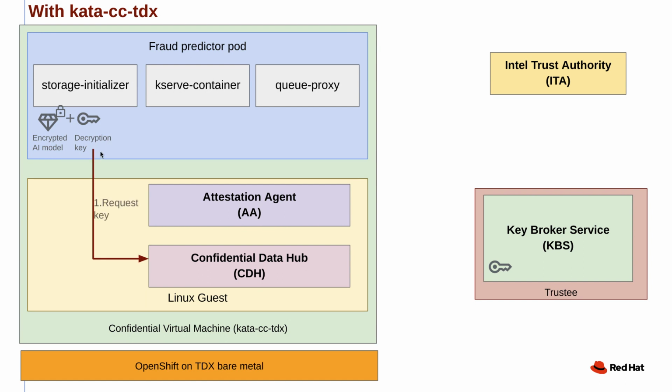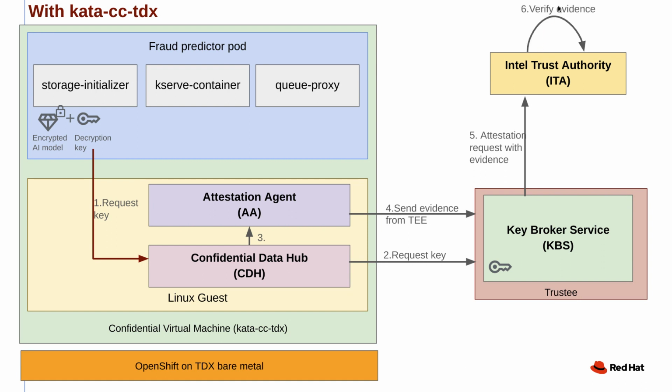It sends the request. This key is in the KBS secret, so the container sends the request through the CDH REST API, and the CDH sends this request to the KBS. However, the KBS will release this key only after it gets the attestation token. So the next step is that the attestation agent sends the evidence from the TEE to the KBS, and then the KBS sends the attestation request with this evidence to the ITA.